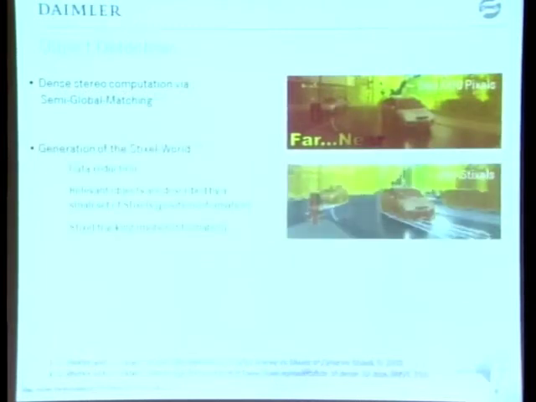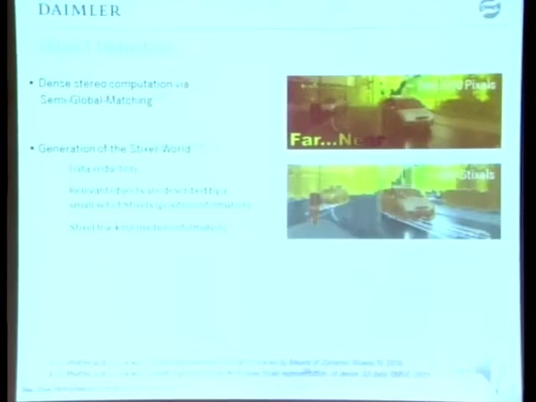And now for better object detection and a better scene understanding, we generate our Stixel world. This procedure was introduced by David Pfeiffer in 2010 and 2011, and the name comes from stick and pixel, so we get Stixels.